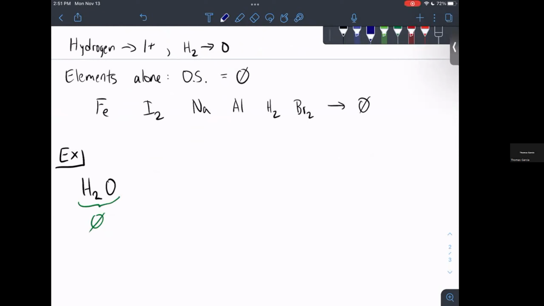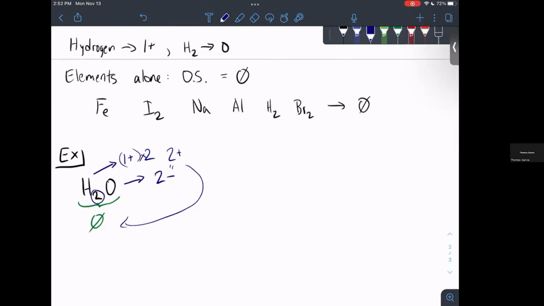If we think about both our rules, oxygen is going to be 2 minus, hydrogen is going to be 1 plus, but we have 2 hydrogens. Right there, we have the 2. So together we're going to have 2 plus, 2 minus. They balance out to form 0. Our overall charge is 0.